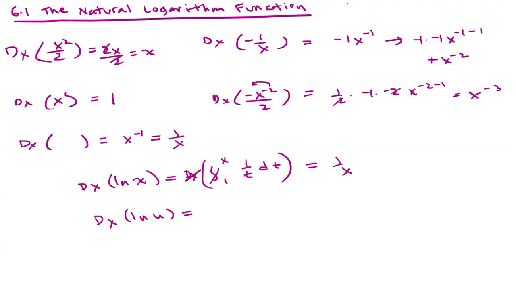The derivative of ln of u would still be 1 over u based off what we just did, but then we have to take the derivative of u, so that would be times d/dx of u, or 1 over u times du over dx. So just keep in mind that if there is something besides just x in there, we have to take the derivative of the inside of that function. The bottom line here is the derivative of ln of x is equal to 1 over x.